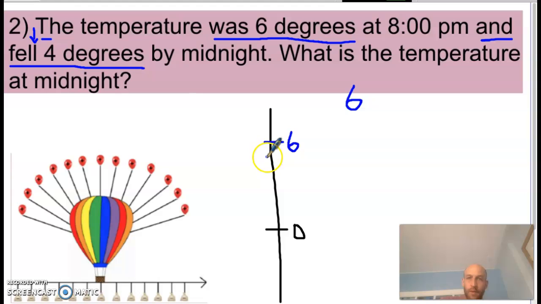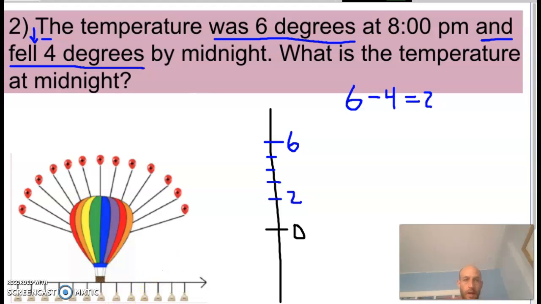So I'm going to go down 4 on my number line. 1, 2, 3, 4. And I'm going to subtract 4 in my expression. Okay, so let's go down 4 from 6. So we're going to count backwards. 5, 4, 3, 2. And that makes sense because 6 minus 4 is 2.